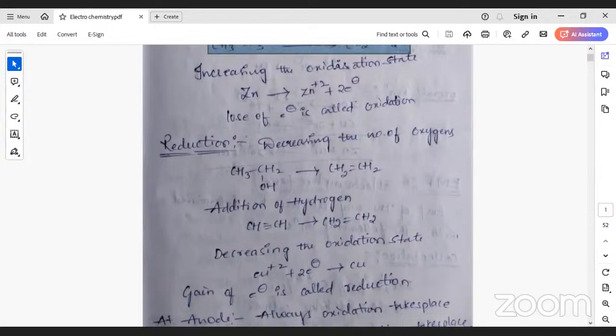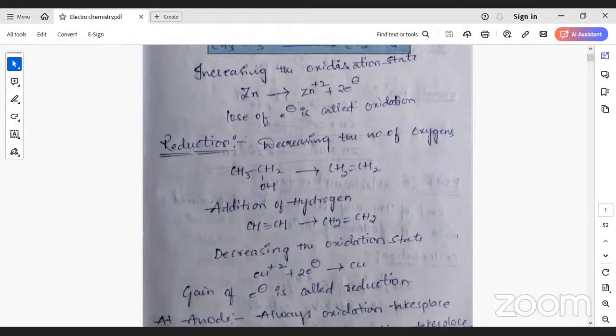That means the standard reduction potential of the cathode and the standard oxidation potential of the anode. Whenever one is having an oxidation potential and one is having a reduction potential, we have to use the positive sign to get the overall EMF of the cell. So this is the cell representation, and with the help of this, we get the EMF of the cell.